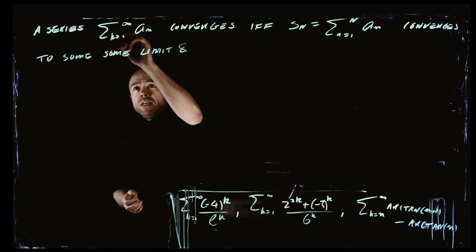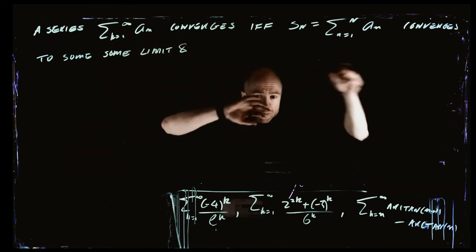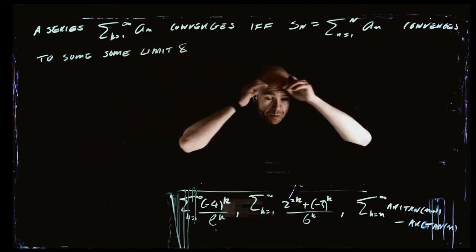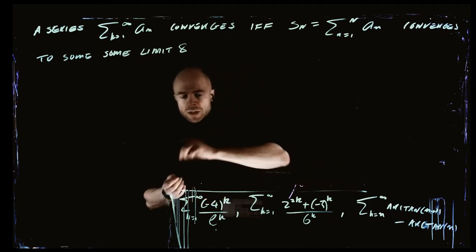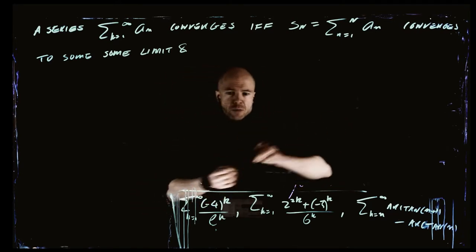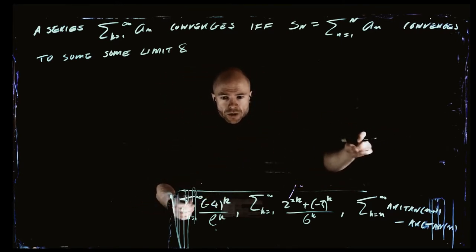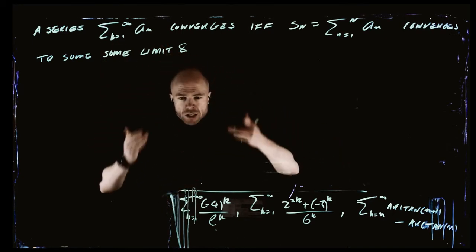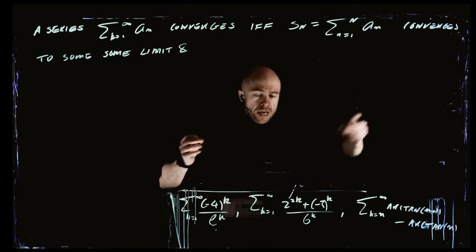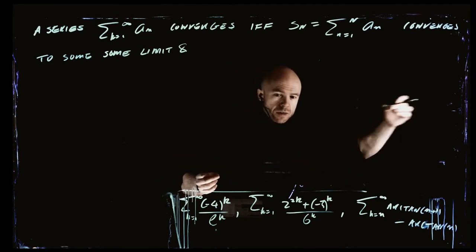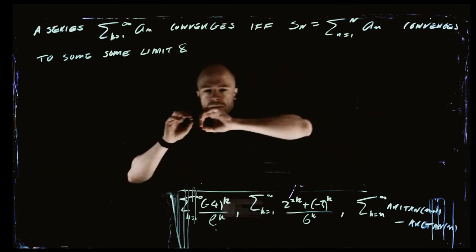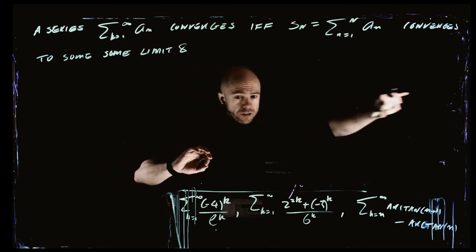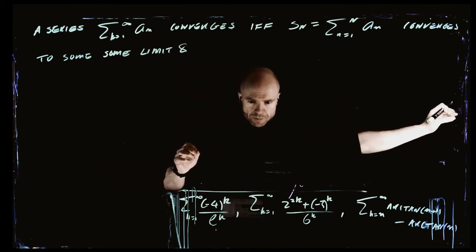This thing has no meaning except as the limit of the partial sums, because we can't add an infinite number of terms, right? Nobody lives forever, right? So what possible meaning can we give to something like this? Well, the only meaning we can possibly give is that if we add N terms, where N is arbitrarily big, then that thing gets more and more consistently close to some particular answer.